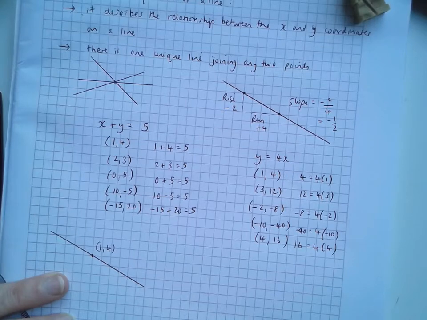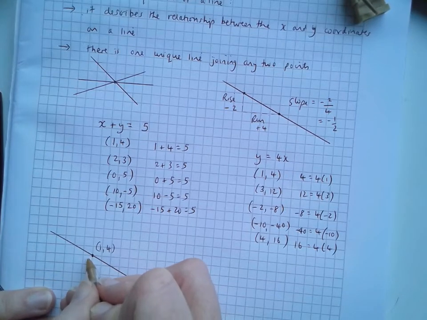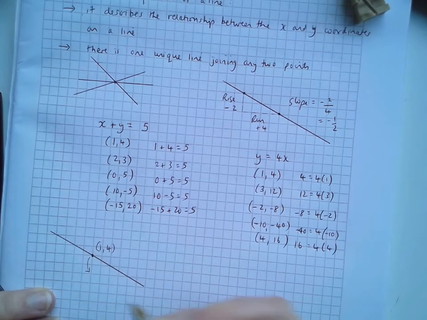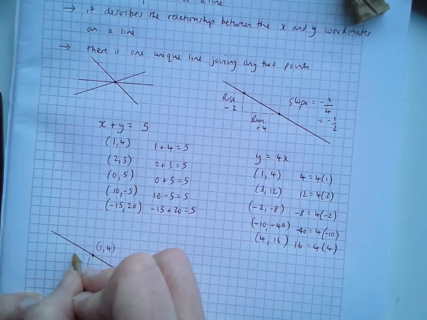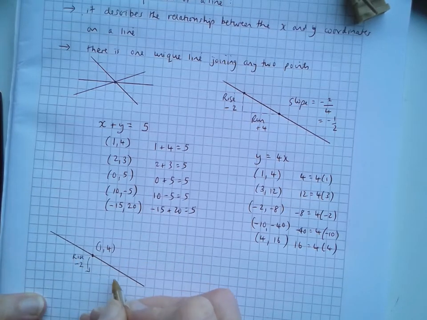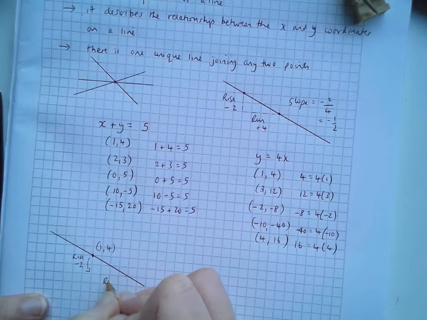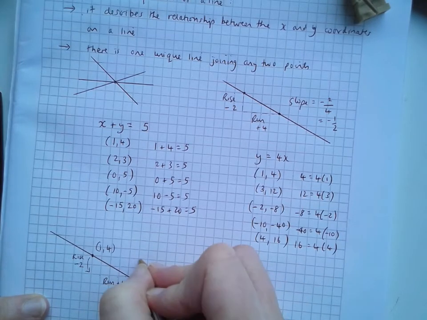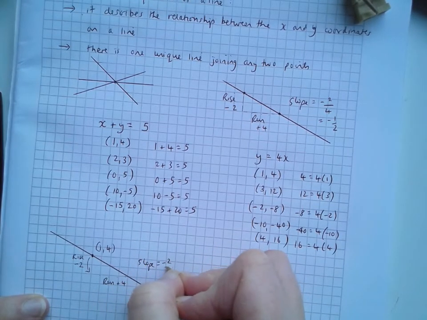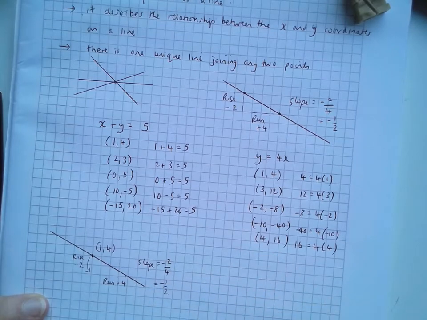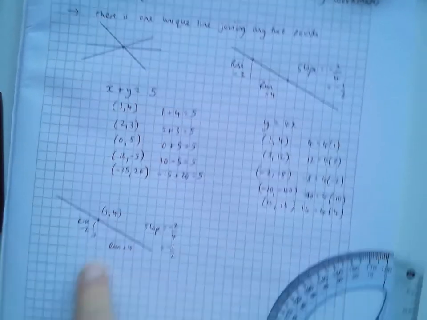Well, let's try and work it out. It's going down, so the rise is -2, and the run is 1, 2, 3, 4, +4. So it has a slope of -2 over 4, or -1/2. This is a unique line.